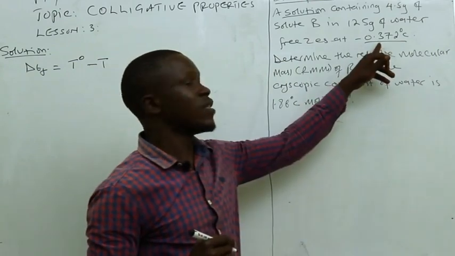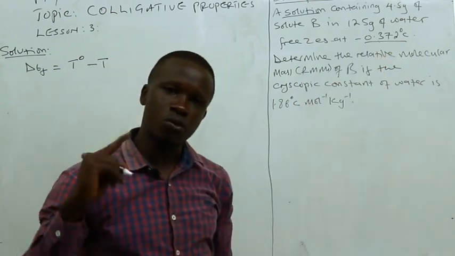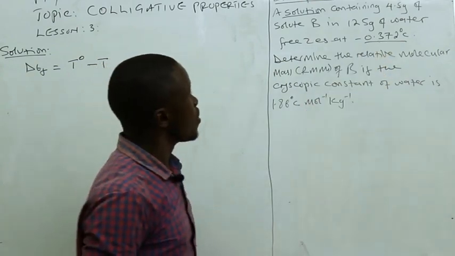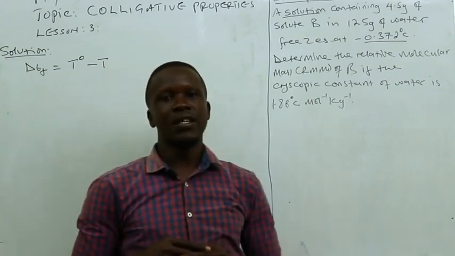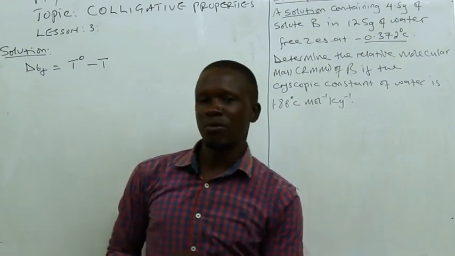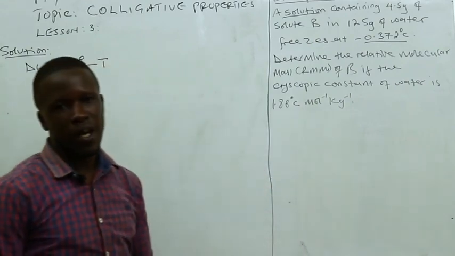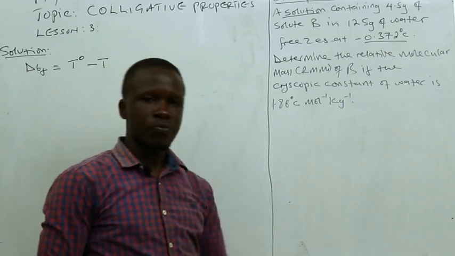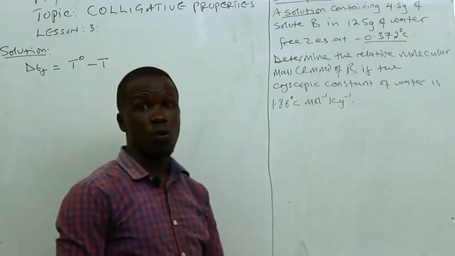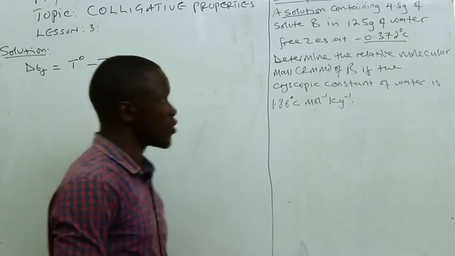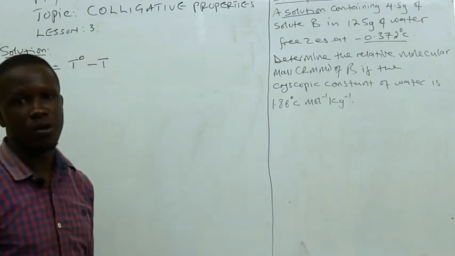This temperature is the freezing point of the solution. And when you read, they don't mention any other freezing point. But at least we know the solvent. So in this question, the examiner was taking an assumption that you know the freezing point of water. So freezing point of water should be well known to us.